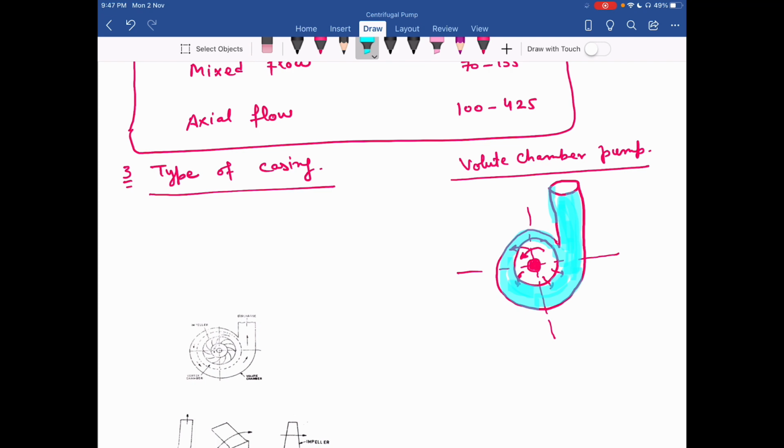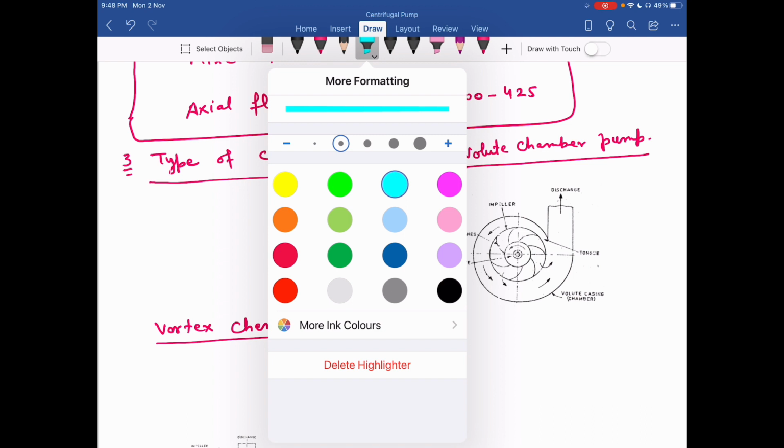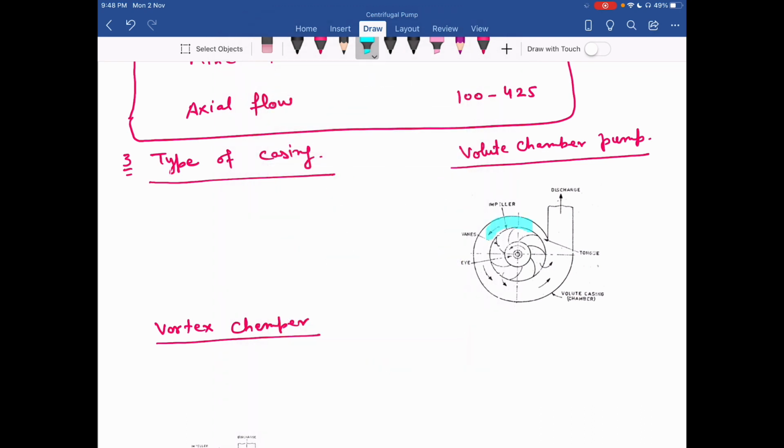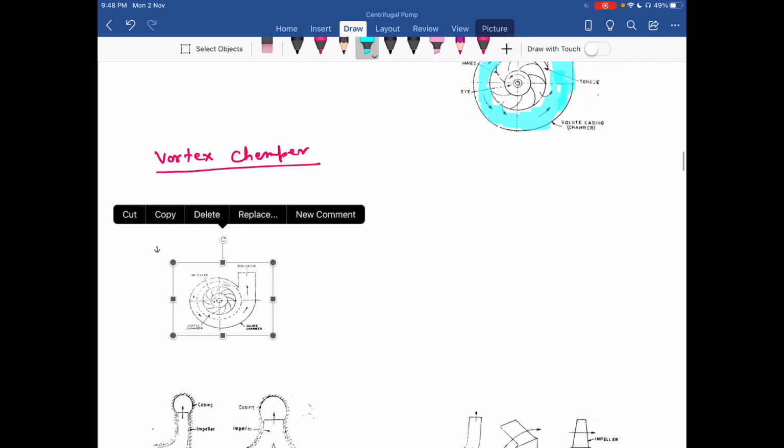Now, the next type is the vortex chamber.